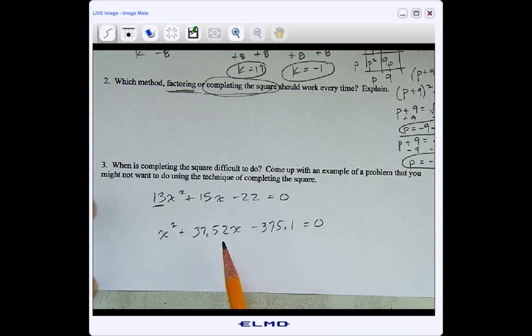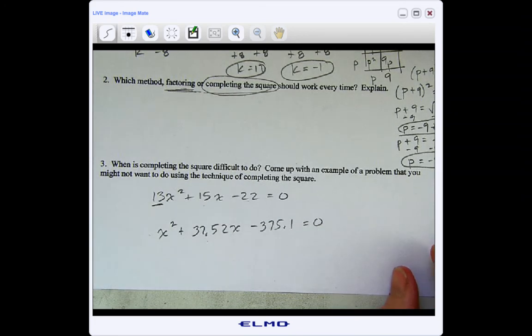So it can get pretty tricky if there are decimal values, and especially if there are non-whole number or non-integer values for a, and I have to divide and break up my b and my c into numbers that are a little bit more difficult to work with. All right. So even though it works every time, it can be kind of complicated.